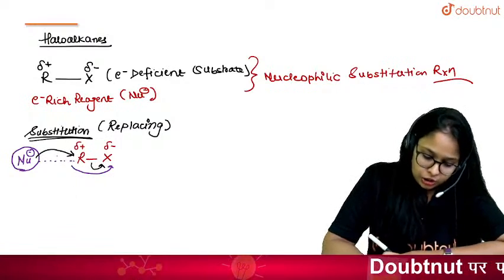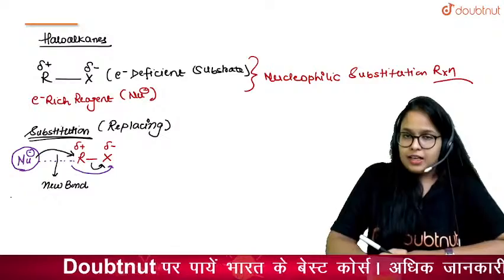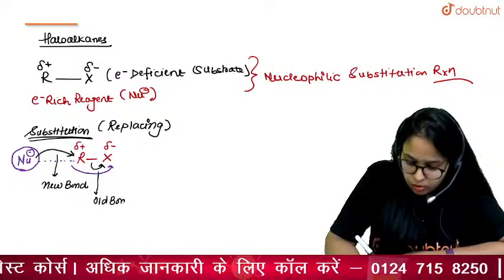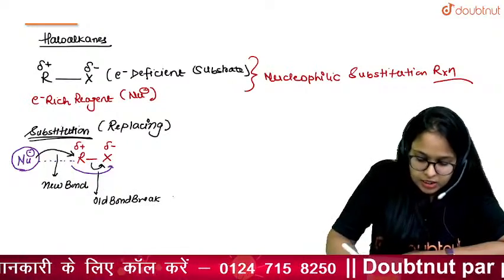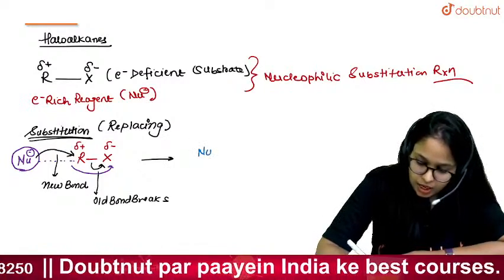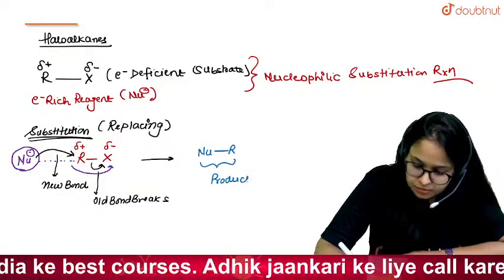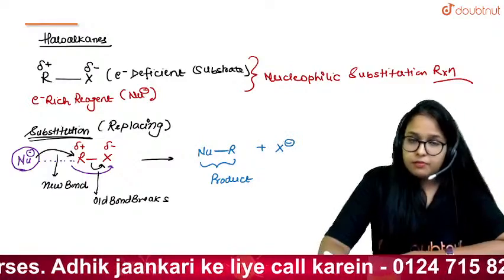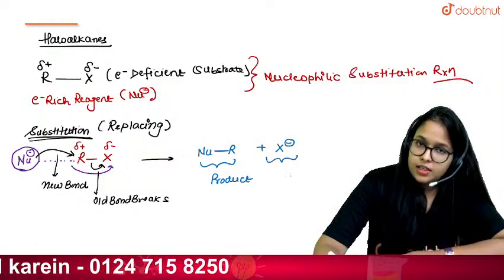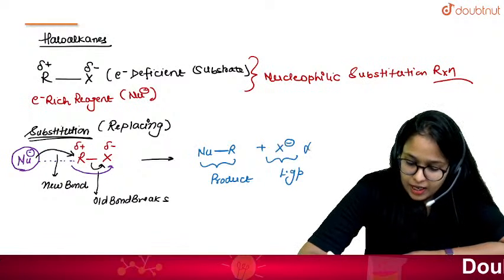This leads to formation of the nucleophile-R bond. This is your final product, and X minus leaves its position. The bond is broken and it takes the electrons, and X minus is known as the leaving group.